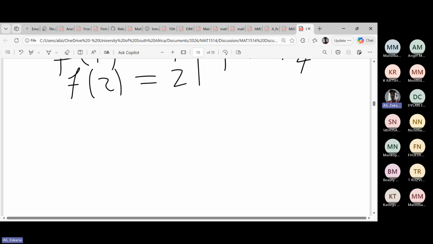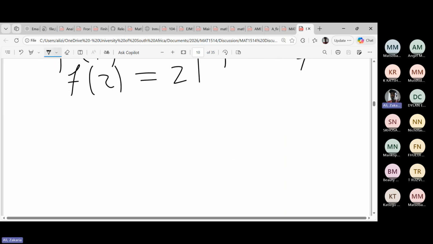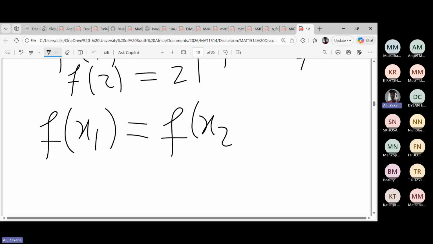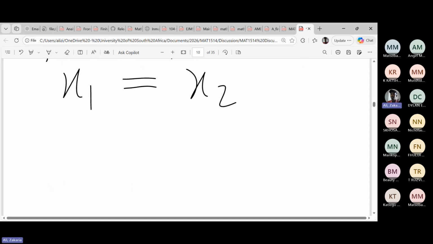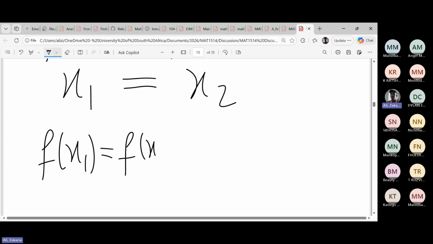Now let's look at one thing. If I say f of x1 equal to f of x2, this is where I'm going to start. The left hand side is x1, the right hand side is x2, and the middle is equal. So you started with f of x1 equal to f of x2, and you ended up with x1 equal to x2.